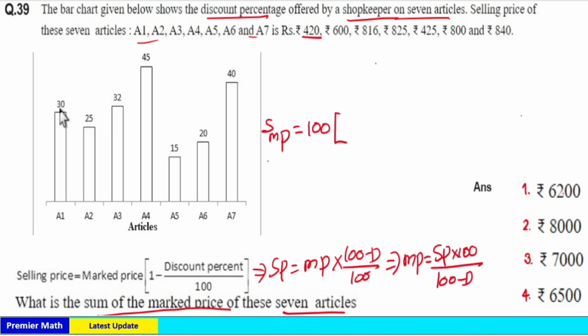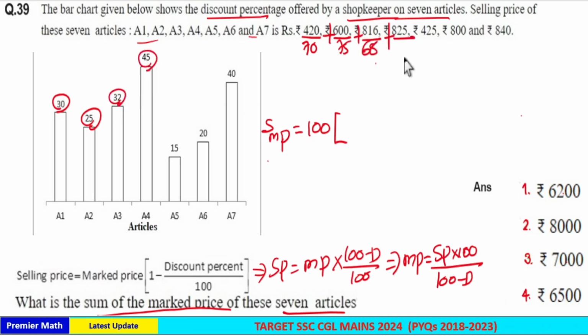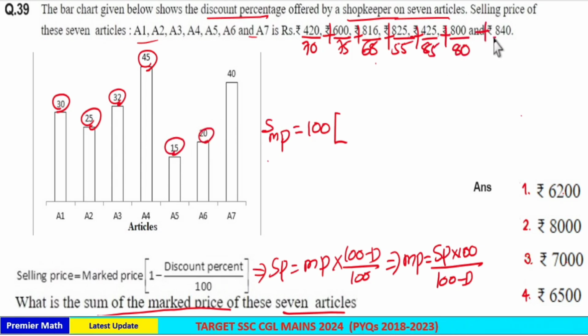So 420 by, first discount is 30, 420 by 100 minus 30 is 70, plus 600 by 100 minus 25 is 75, plus 816 by 100 minus 32 is 68, plus 825 by 100 minus 45 is 55, plus 425 by 100 minus 15 is 85, plus 800 by 100 minus 20 is 80, plus 840 by 100 minus 40 is 60. The sum of the whole ratio into 100 is your answer.